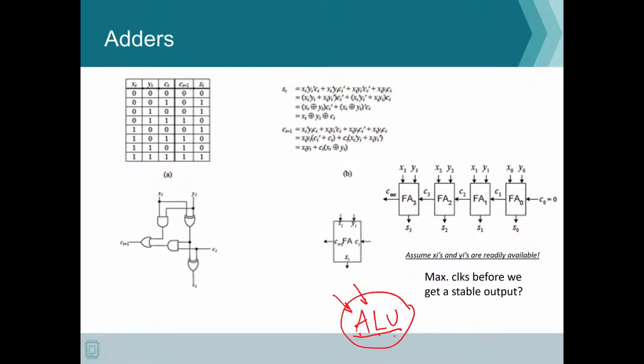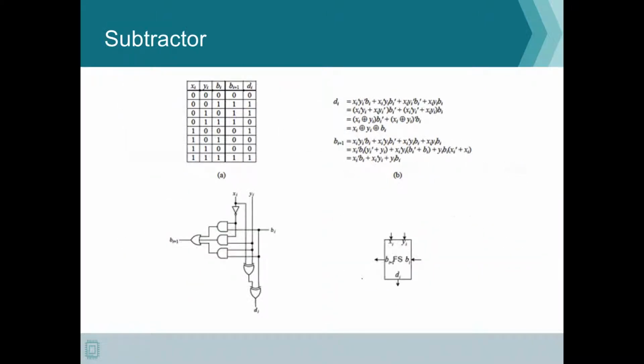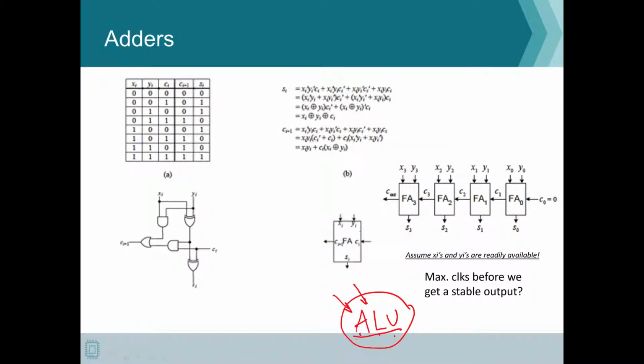So here is a simple full adder. The full adder has two inputs, X and Y. It has a carry in and a sum out and a carry out. So these two are your outputs, and these three are your inputs. So that forms a full adder.